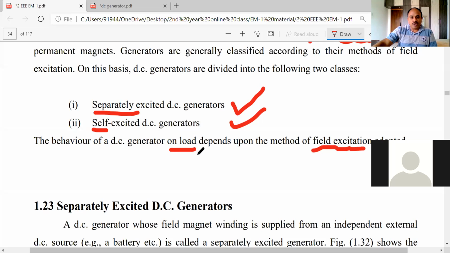So load means the armature current Ia, and field excitation means the field current If. Behavior means how the terminal voltage changes, that is, the characteristics of the generator.